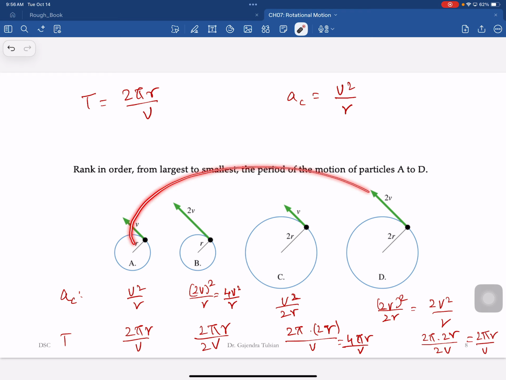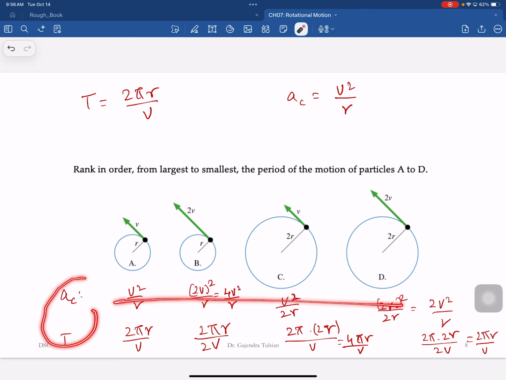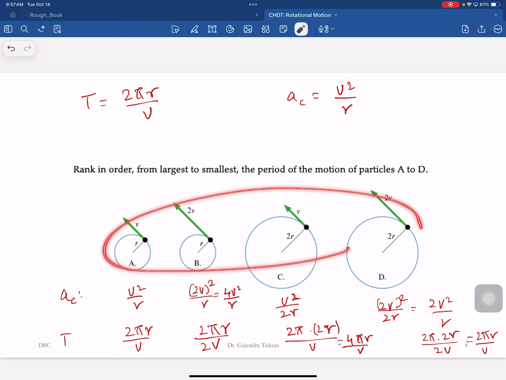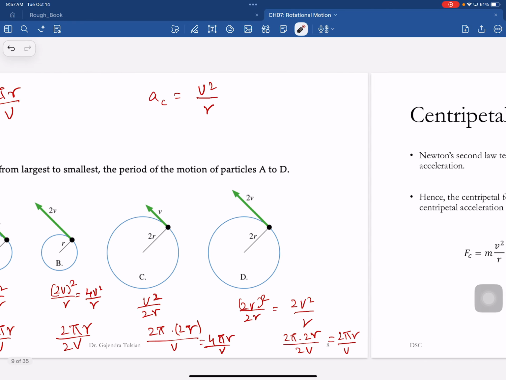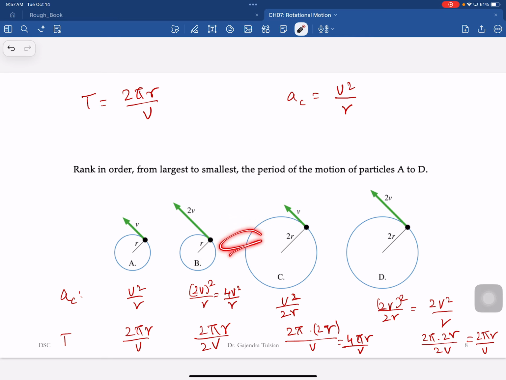So these two times are the same. And so this shows you the centripetal acceleration and the period for those various orbits. There are test questions on that.